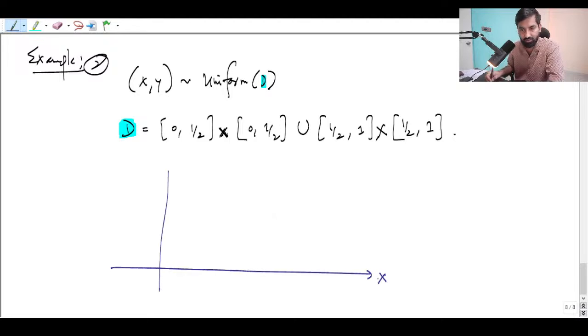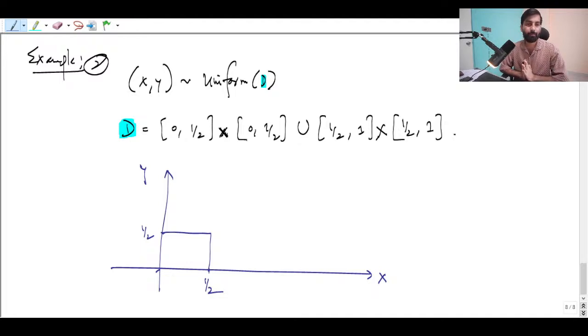Suppose this is the x axis and this is the y axis. We are drawing on the two-dimensional plane. So x takes the value 0 to 1 by 2, and y also takes 0 to 1 by 2. So this is one specified region in which your density function is uniform.